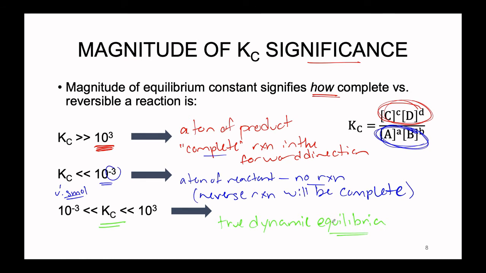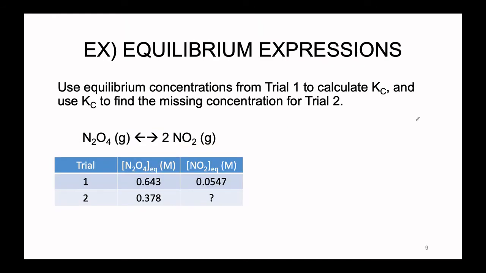We are working with true reversible reactions. Reactions where it's going to matter whatever this equilibrium constant is. And this equilibrium constant will tell us a little bit about the nature of the reaction, since we are going to have a meaningful concentration of both reactants and products.